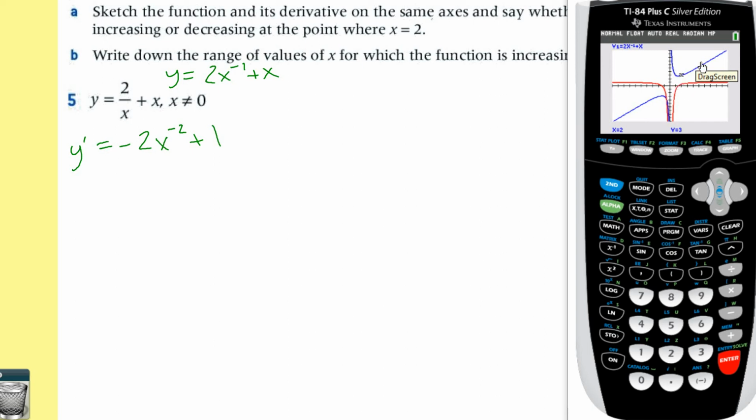Okay, we want to now find the range of values for which the derivative is increasing. It helps to know the turning points. So you can either find the minimum or maximum using your trace function on the blue graph, or we can use our red line and find the intersection of the x-axis, so the zeros there, or we can do it by hand.